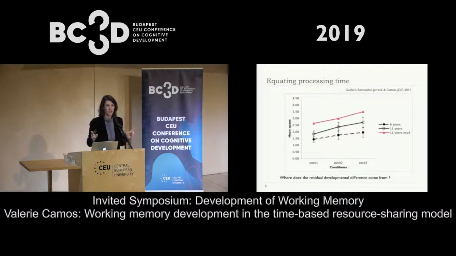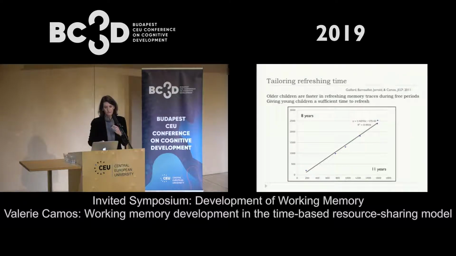But there's still an age difference. Here it is still significant. Where can it come from? It's also obvious for us that an 8 years old does everything slower than an 11 years old. I mean, it's obvious for any parent. So what we did is pre-testing to evaluate the difference on these age differences.